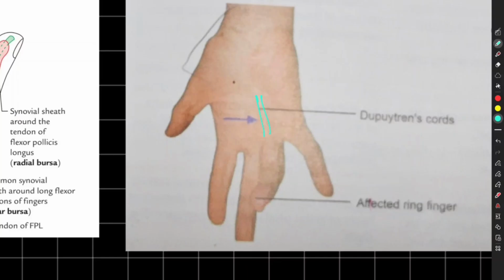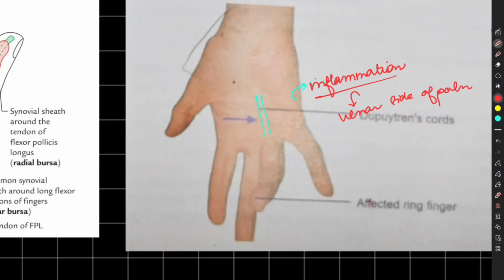So this is basically because of the inflammation involving the ulnar side of the palm. Okay? ठीक है.